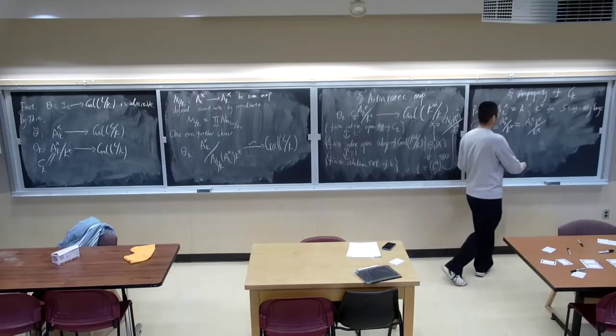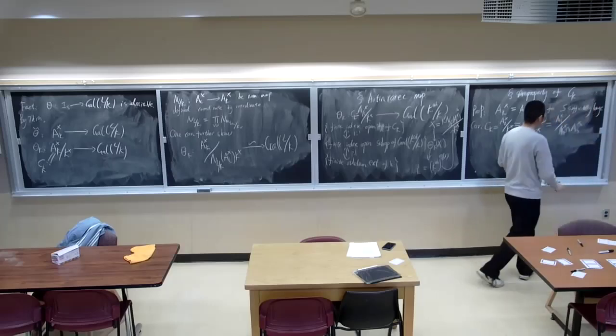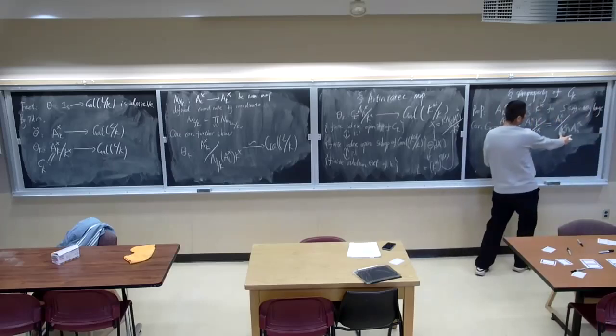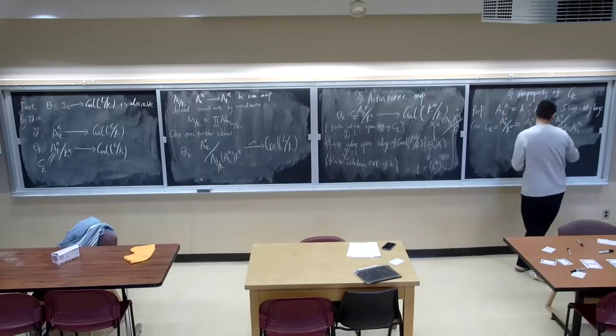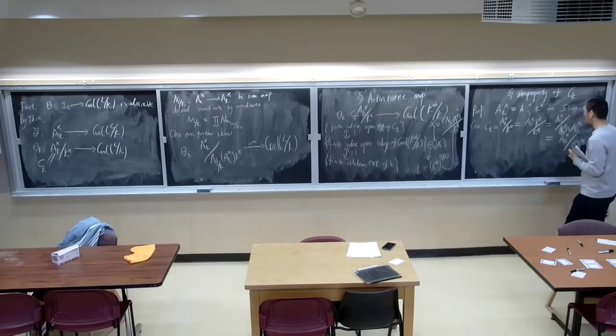Then by the isomorphism theorem, you can write this as K cross intersect A_S cross. If you look at this quotient carefully, you will find that this is O_S cross, the S-unit group. So this intersection is just the S-unit group.